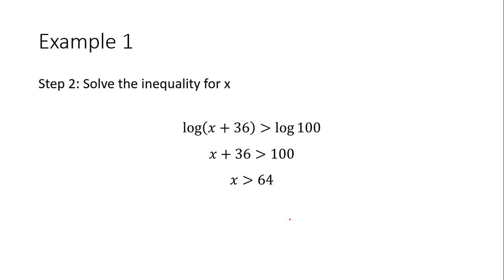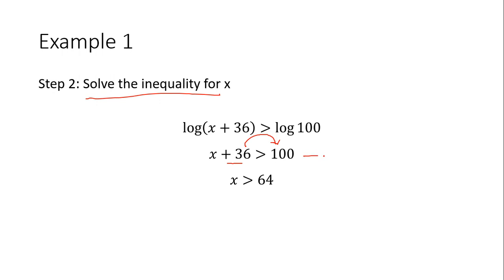After nun, step number 2, we will be solving for the inequality. Okay? So, ito na po siya kanina. X plus 36 is greater than 100. We will be isolating all the variables on one side of the inequality, and then sa kabilang side naman po, yung puro constant lang. Okay? So, this positive 36 will be transposed to the other side.